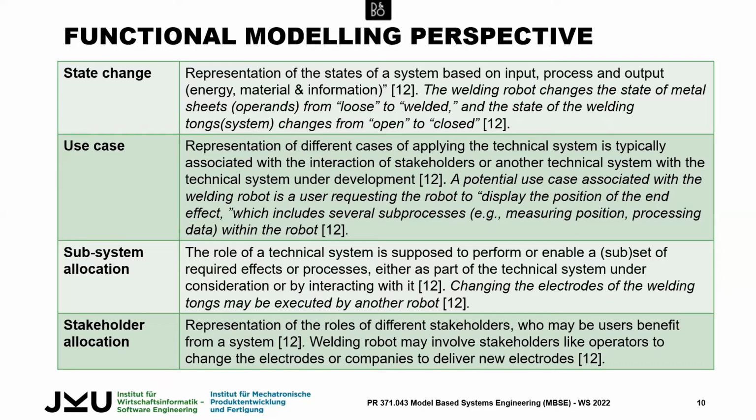There they describe the welding robot as an example. State change is the representation of the state of a system based on its input, process, and output: energy, material, and information. The welding robot changed the state of the metal sheet operands from loose to weld, and the state of the welding tongues changed from open to close.